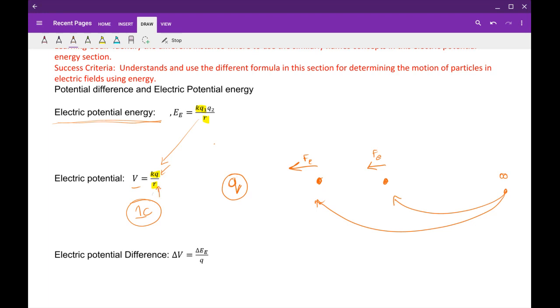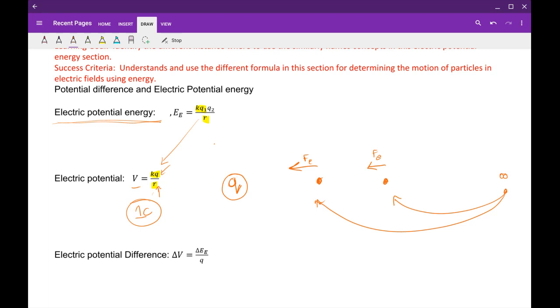The voltage is the amount of energy required to move 1 coulomb from infinitely far away to a distance r from the charge Q. All right. Anyway, that's kind of the idea there.